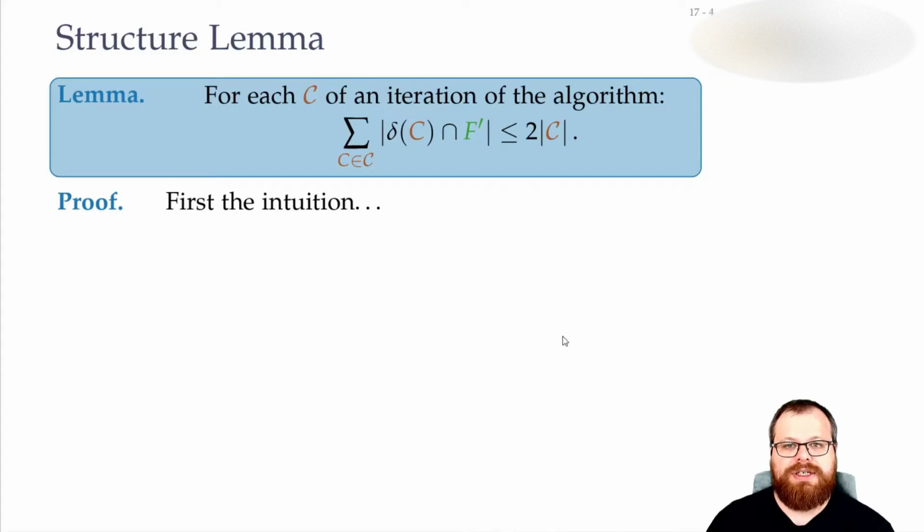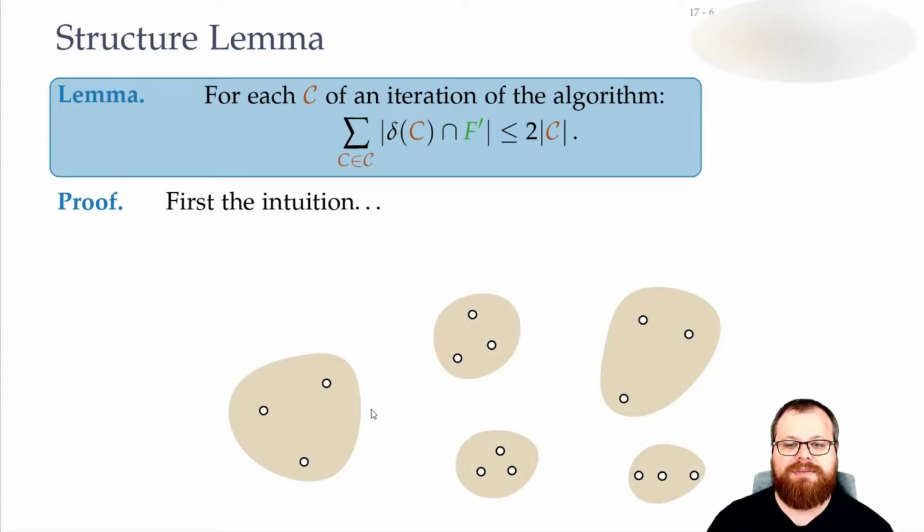First, the intuition. We look at the current step of the algorithm and we have computed some connected components like this. Now there are different types of edges in the graph. There are edges that are inside a component and that will be in the output at the end. Those are the brown edges here.